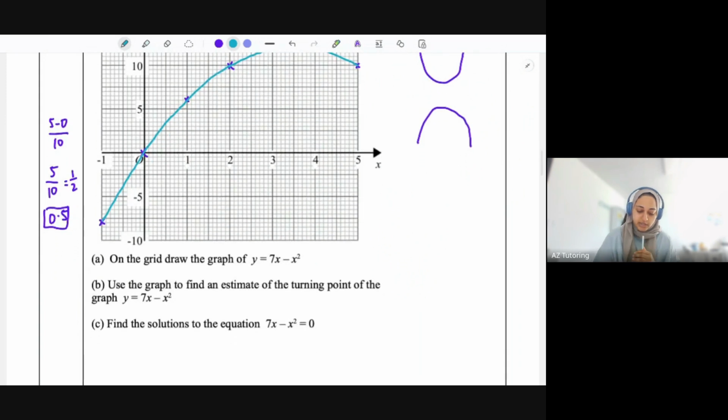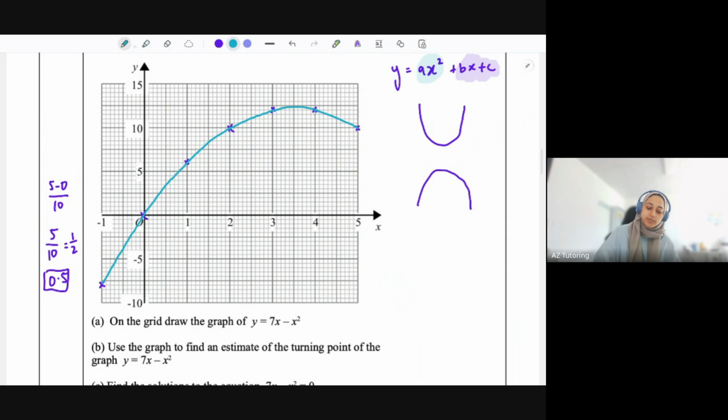Okay. It then says use the graph to find an estimate of the turning point of the graph. Now, the turning point is basically where the graph turns. So you can see with a U-shaped graph, it turns here, and with an N-shaped graph, like what we've got, it turns just on the top here. So when it's actually turning, and we can see the turning point is right here.